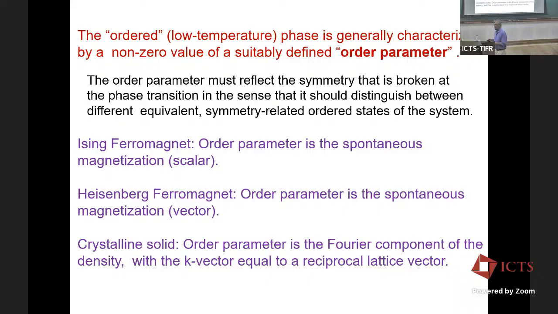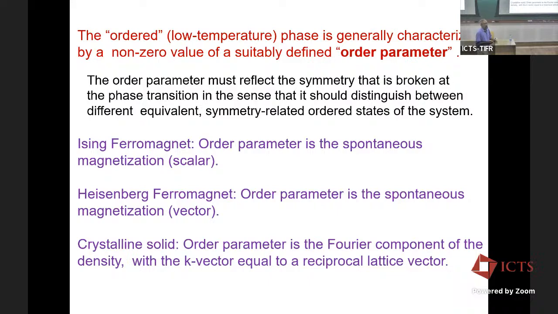So that should be the order parameter. And one can check, this is something to think about a little bit, you'll be able to figure it out: if we look at the local density and take its Fourier transformation, and the k vector that goes in there is a reciprocal lattice vector, then this quantity will be non-zero in a crystalline state, but will be 0 in a liquid state.